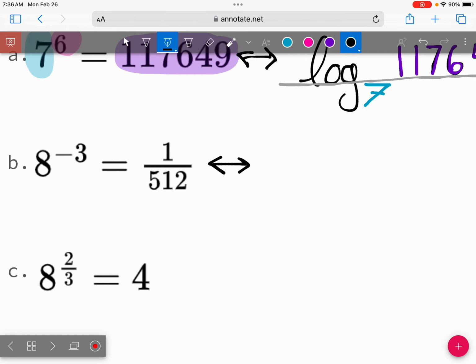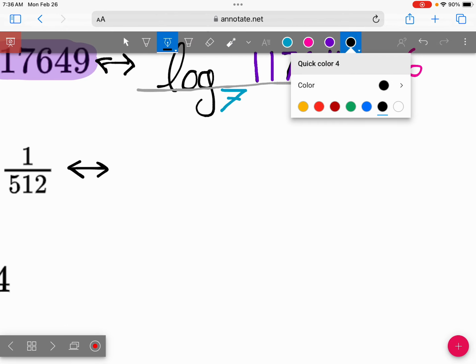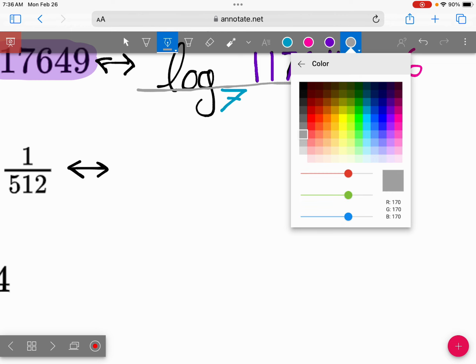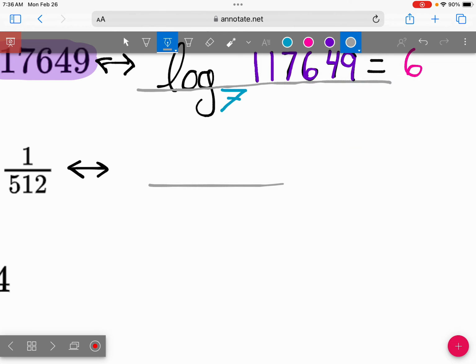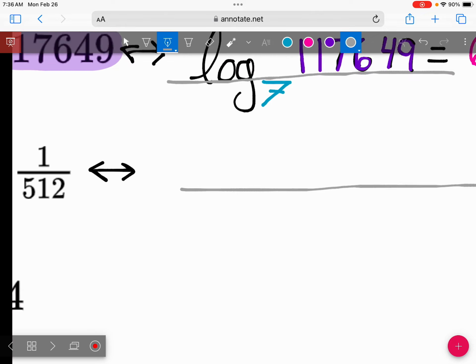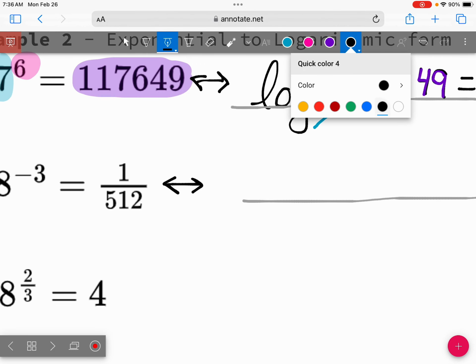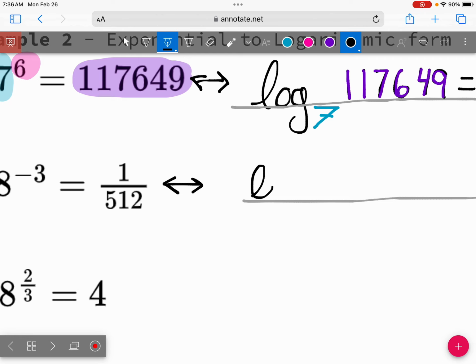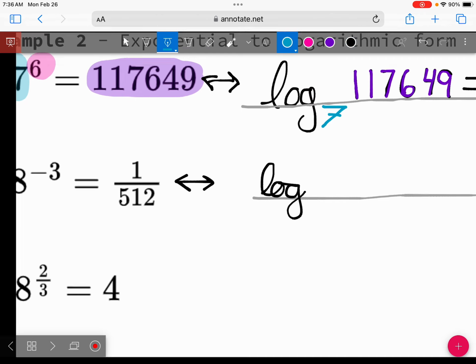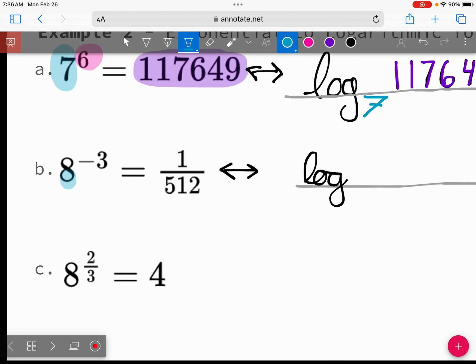So we're going to do the same thing down here. We're going to write this as a logarithm. So I'll give myself a line just so that it matches your paper. And we start out by writing the word log. What's our base going to be here? 8. So log base 8 of what's our argument? 1 over 512.